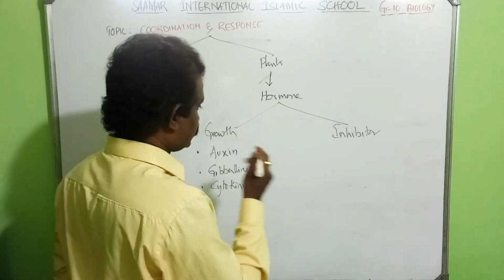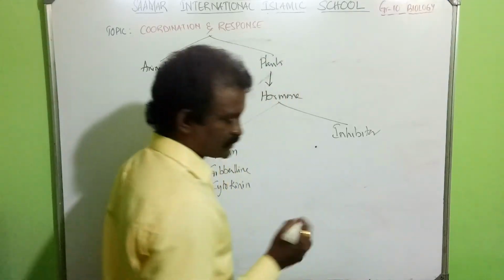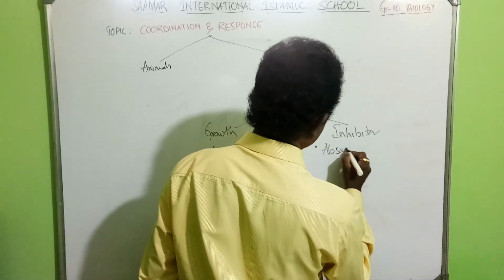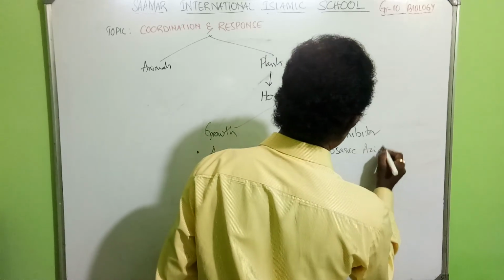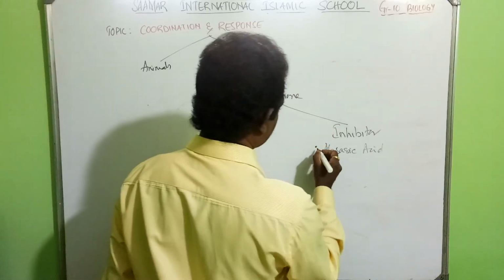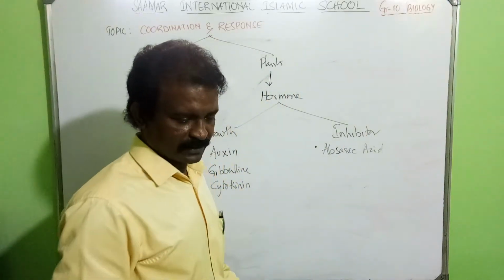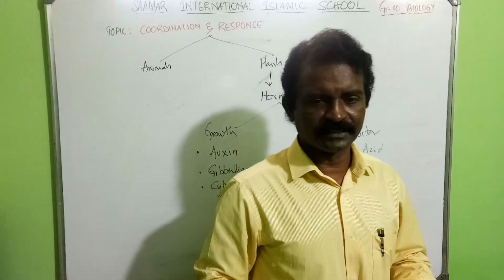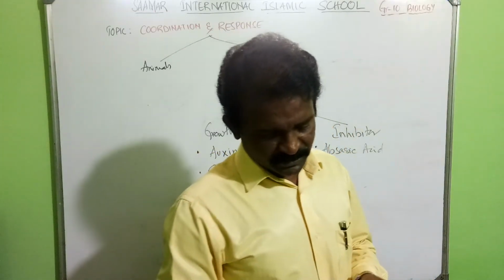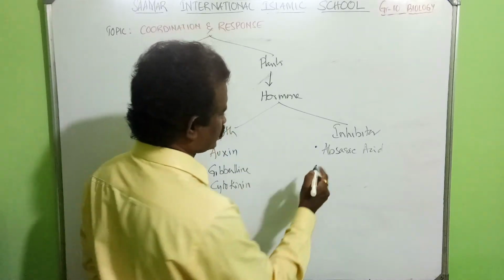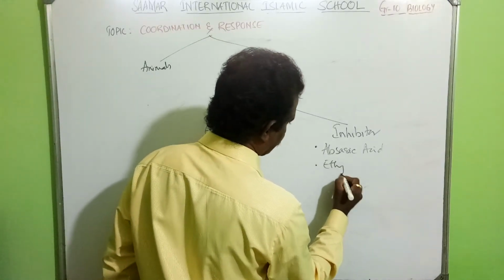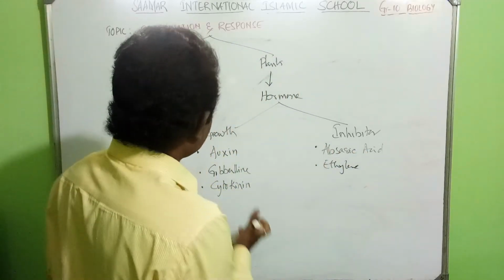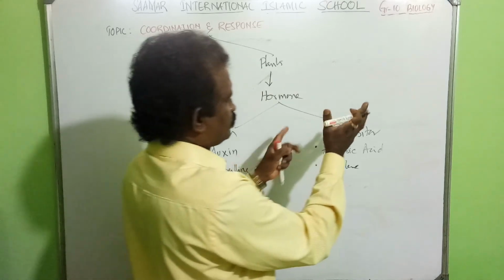In the case of inhibitors, abscisic acid. Okay, these are the inhibitors, and we have ethylene also. You should know what this is. So they are called inhibitors. The growth hormones help the plant to grow, while these help the plant to suppress.